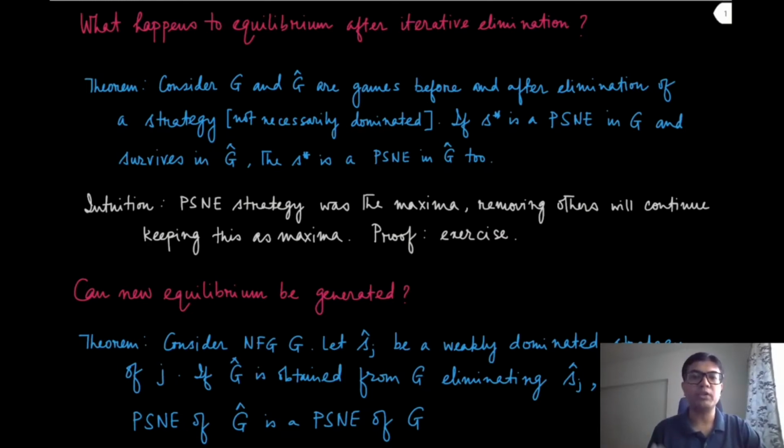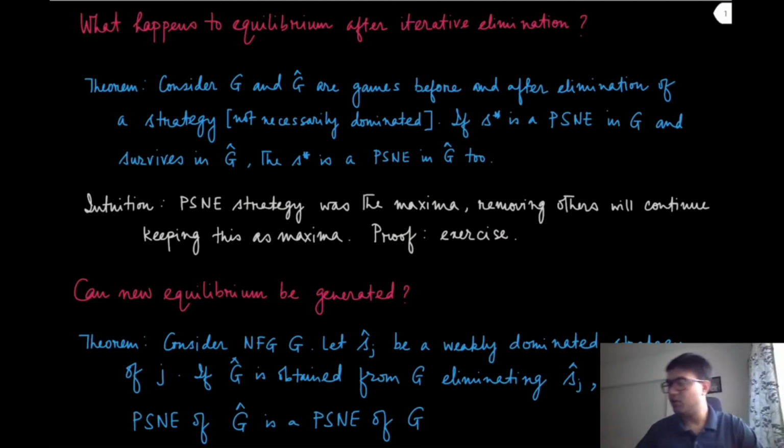But the more important question is: can you generate new equilibria? Can it be possible that if you remove some of the strategies, in particular the dominated strategies, then you can actually generate a new set of pure strategy Nash equilibria?